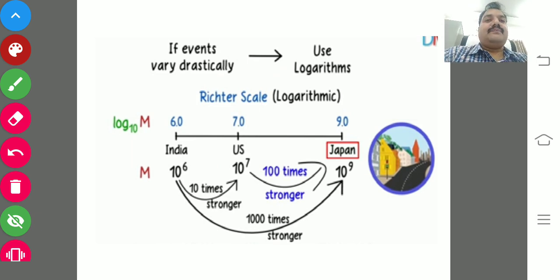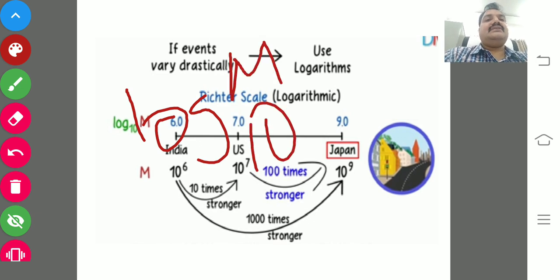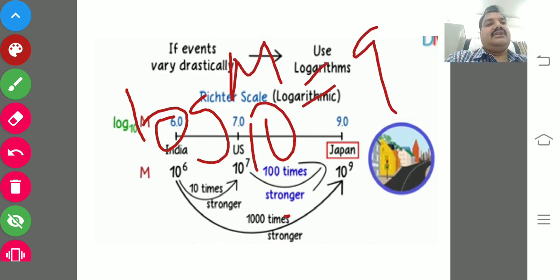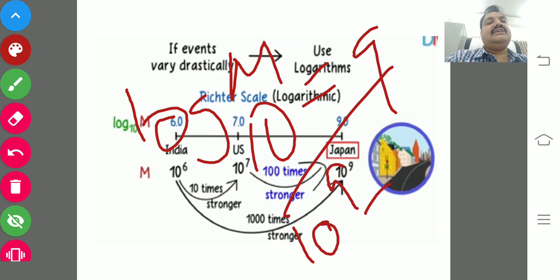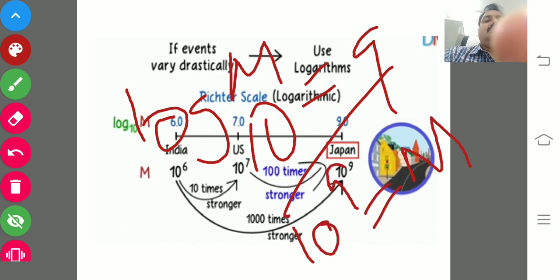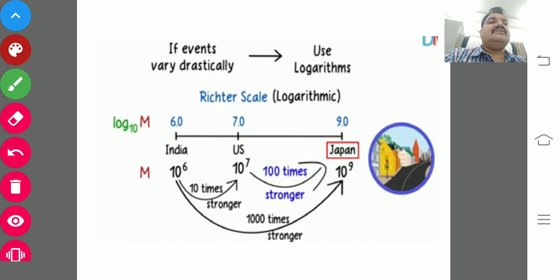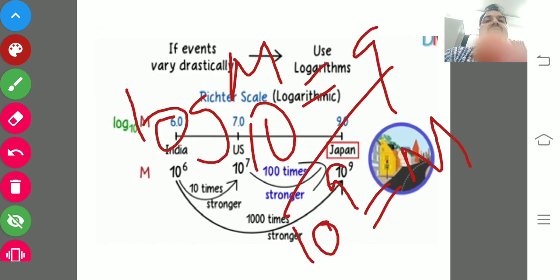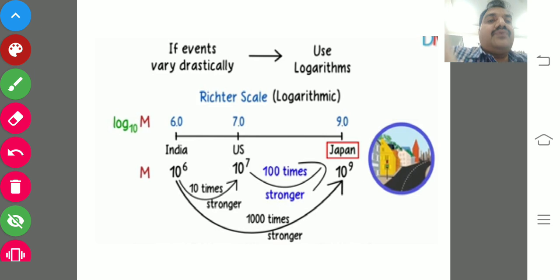Now in Japan, log m base 10 equal to 9, so 10 power 9 equals m. The 9 is recorded as 10 power 9. Now we can differentiate the intensity of the earthquake. Between India and US, we got 10 times stronger intensity.